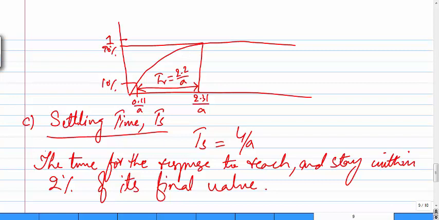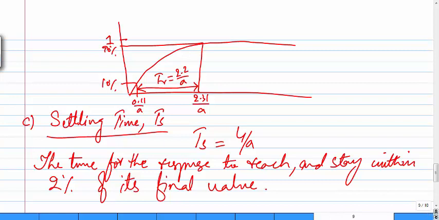The last thing is the third one in first order. The property is known as settling time. Settling time is 4 divided by a. So you can easily calculate it when your time response reaches and stays within 2% of its final value. So in the same relation, if you put 0.98 equal to 1 minus exponential minus at and you calculate the time, that time is known as steady state time.